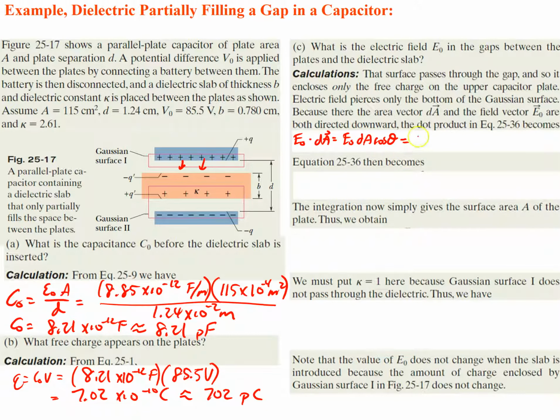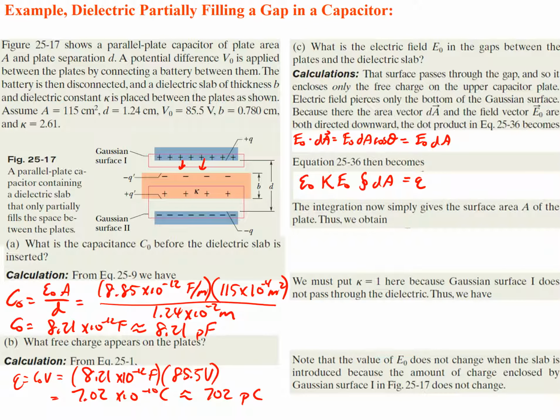All right, so all we're left with is E naught dA. So then if we put it into Gauss's law, we have epsilon naught times kappa E naught times the integral of dA. Right? And that's just going to be equal to our enclosed charge, Q.